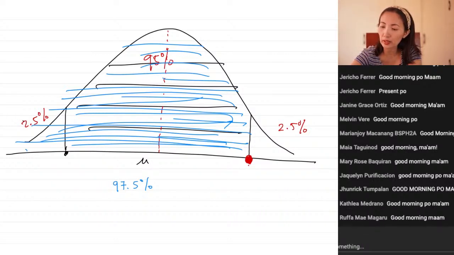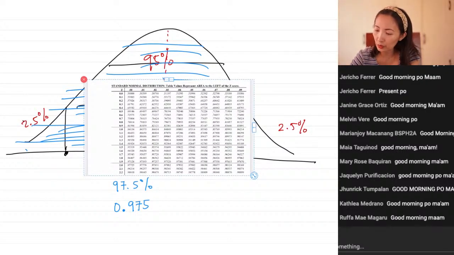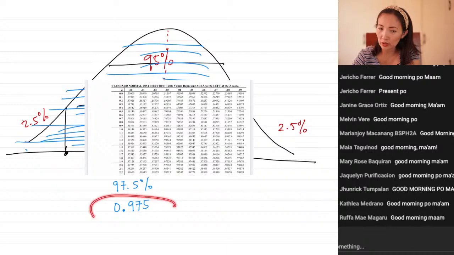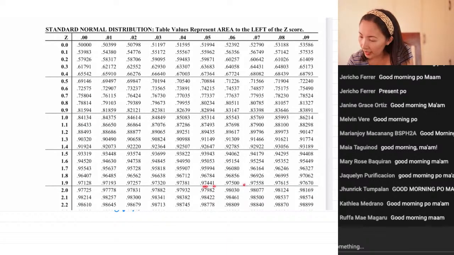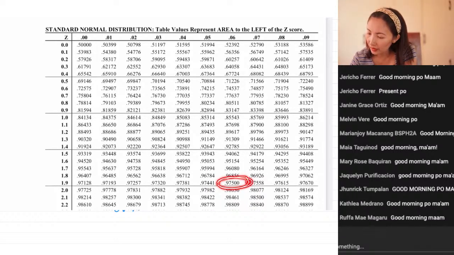Convert this into decimal: 97.5% is 0.975. In the z table, look for this value and check the intersection. For 0.975, what z value or z-score does it correspond to? The z-score which corresponds to 0.975 is 1.96.